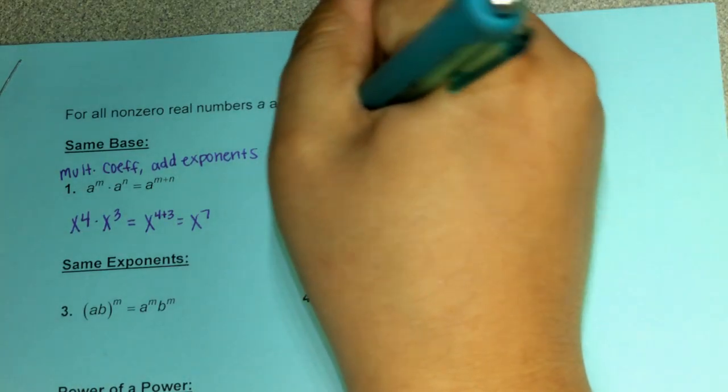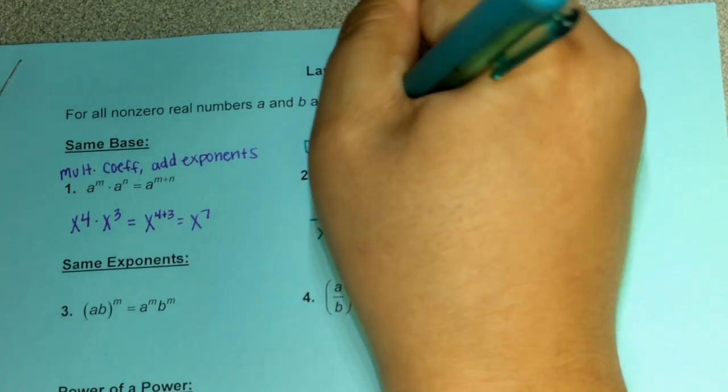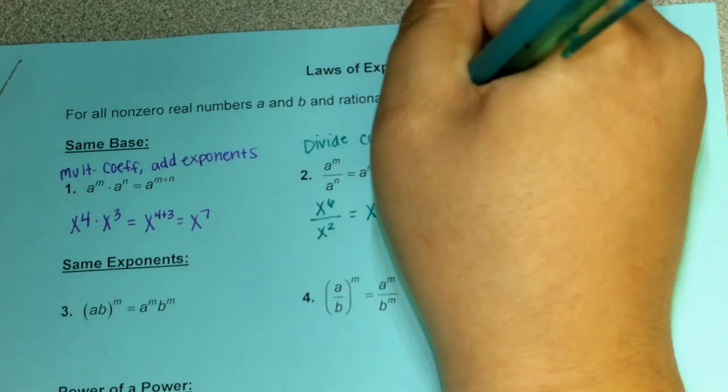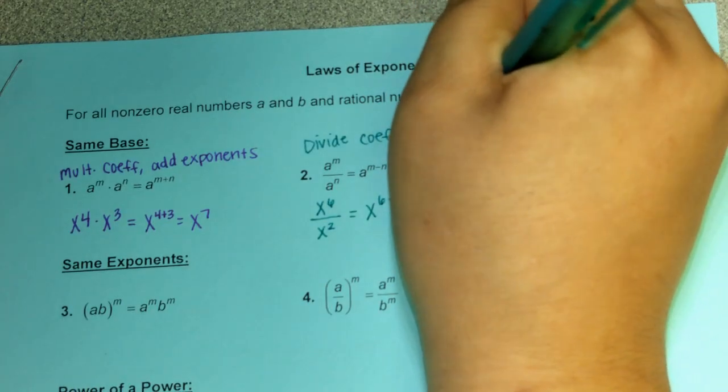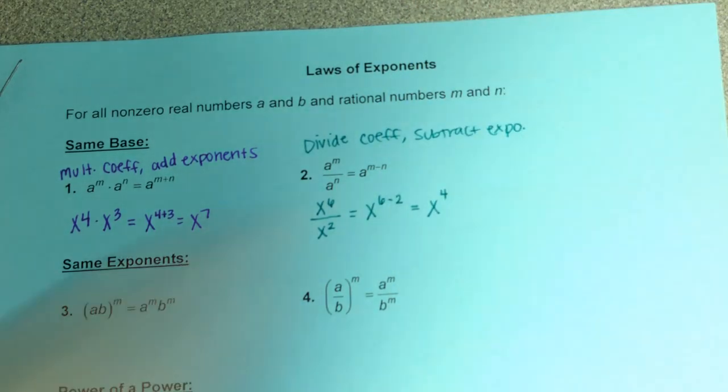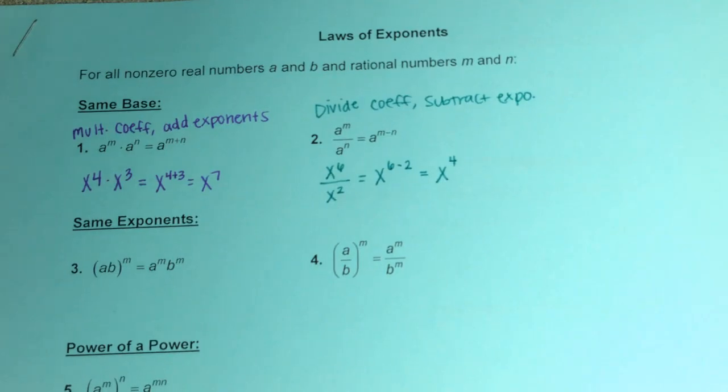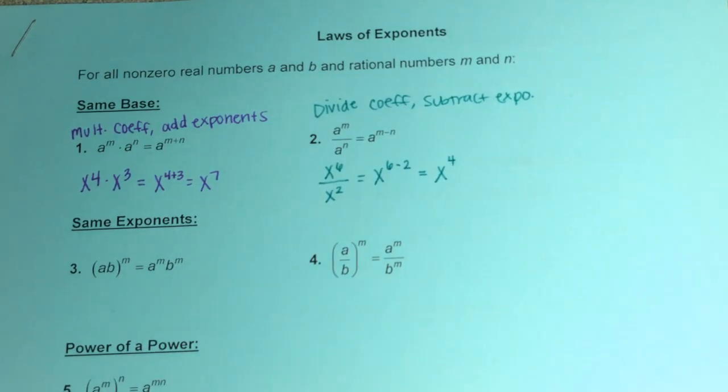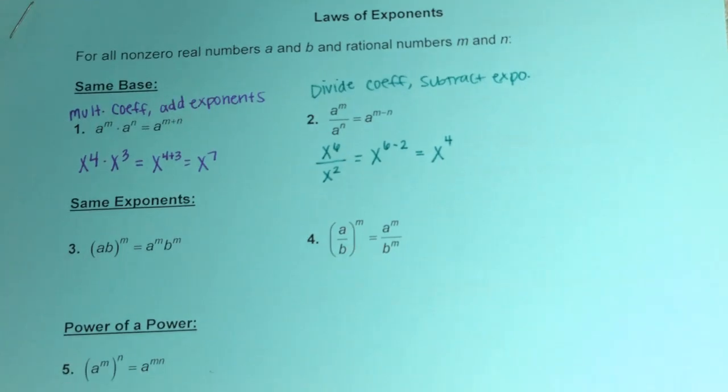So you are going to divide your coefficients and subtract your exponents. Yes, and we're going to get into that. But yes, you can still add and subtract negative exponents. Well, yes and no. Your final answer can't have them, but you will have negative exponents along the way.